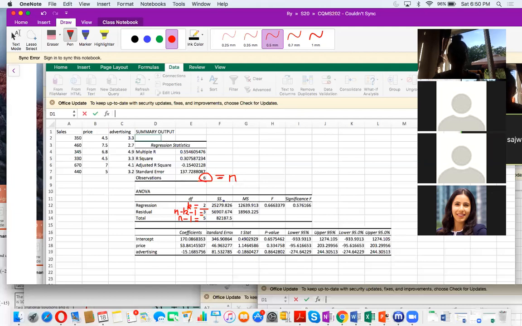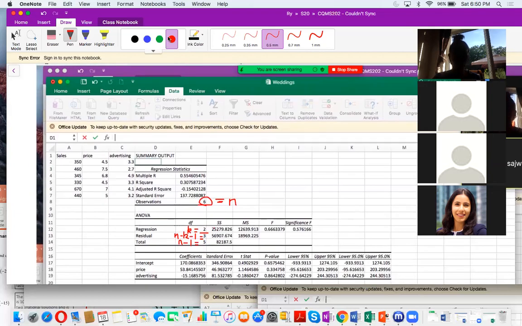And over here you have SS. This one, due to regression, is SSR, the sum of squares due to regression.